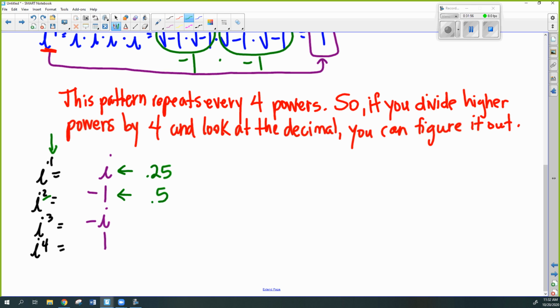All right. What if I took 3 and I divided by 4? What decimal do I get? Good, Nikki. All right. So 0.75 goes with negative I. Now, what happens when I take 4 divided by 4? Okay, 1. You don't get a decimal, right? No decimal. So if you don't get a decimal, it's kind of like having a whole dollar, because if you divide by 4, we're talking about quarters. All right, so then it's just 1.